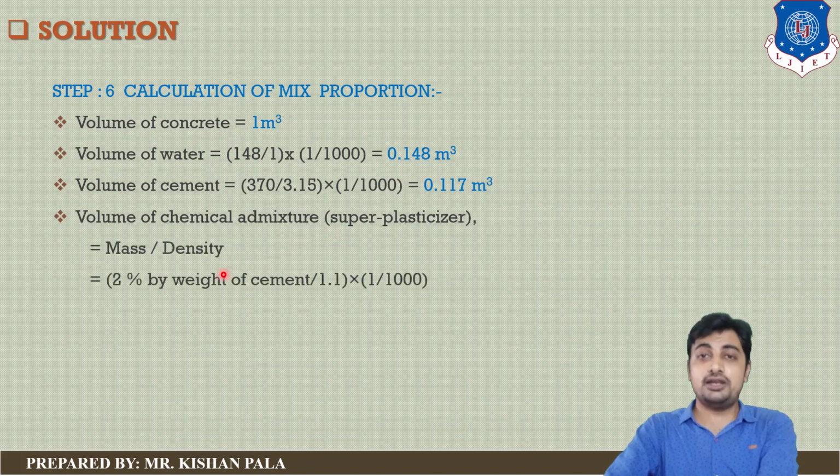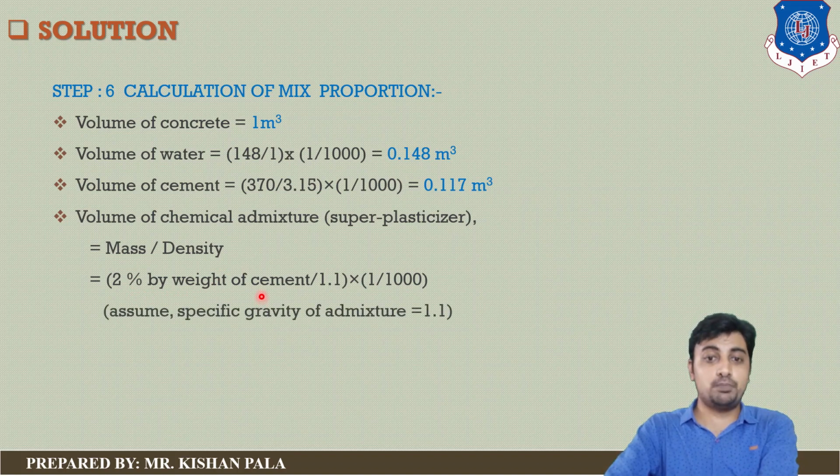And then we will calculate the volume of chemical admixture, or you can say super plasticizer. Consider we are using 2% by the weight of the cement mass for super plasticizer, and we are assuming the specific gravity of the admixture of 1.1 for the super plasticizer, and we can easily calculate the volume of chemical admixture or super plasticizer.